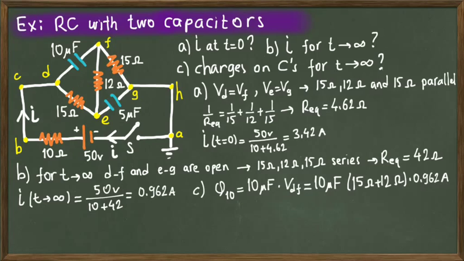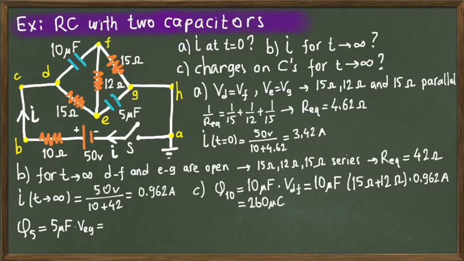So we can calculate this drop in potential as 15 plus 12 ohms times the current flowing through them. You multiply this value by the capacitance of the 10 microfarad capacitor, so you can find the charge, just a simple multiplication. The charge is 360 microcoulombs.